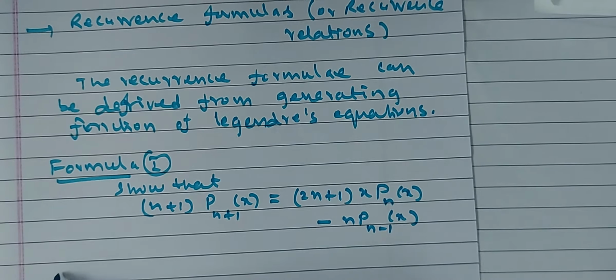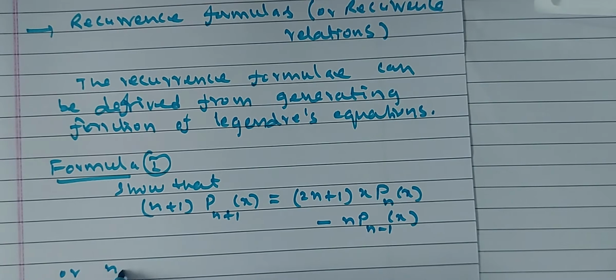Or suppose n is replaced by n minus 1, so that n Pn is equal to (2n minus 1) into x Pn minus 1, minus (n minus 1) into P n minus 2 of x.